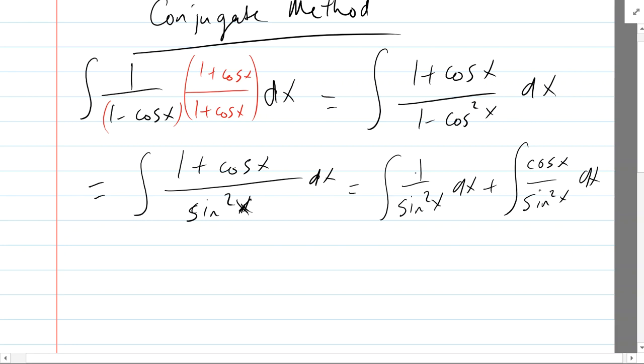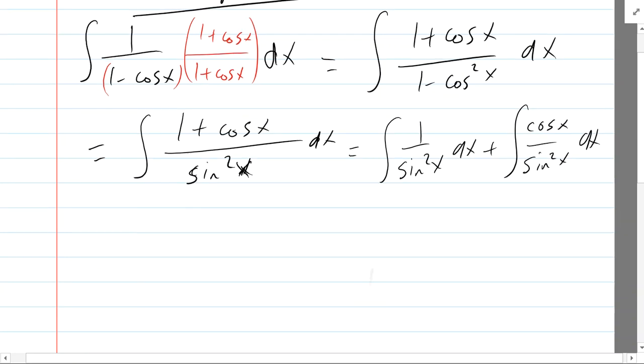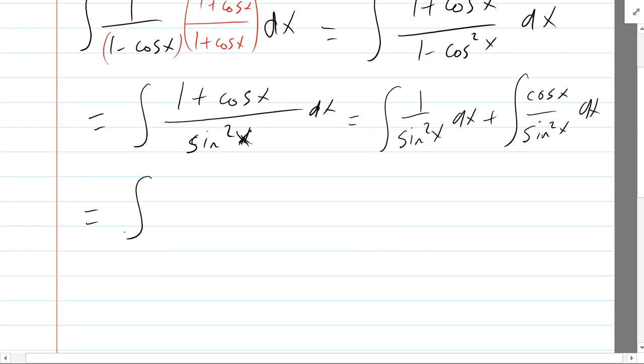What is 1 over sine squared? So this becomes the integral of cosecant squared of x dx, which is easy if you memorized it and not so much if you haven't. Remember the sign mistakes. Okay, for the other one, do I want to do a u sub? I do. For this one, I'm going to make u equal to sine of x, du equals what?